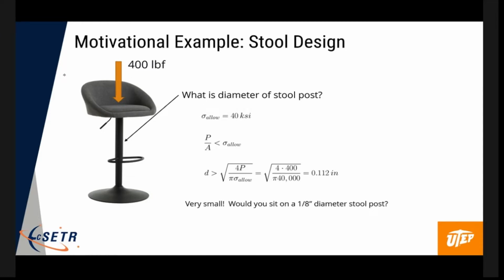I shouldn't just give you the answer all at once. But let's say you're designing a stool, right? And so 400-pound downforce, that's a pretty reasonable force. I mean, that would be a heavy dynamic force from somebody who's even like 300 pounds, right?